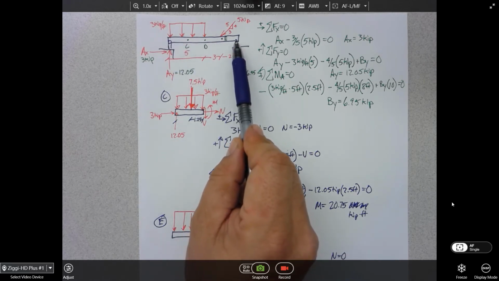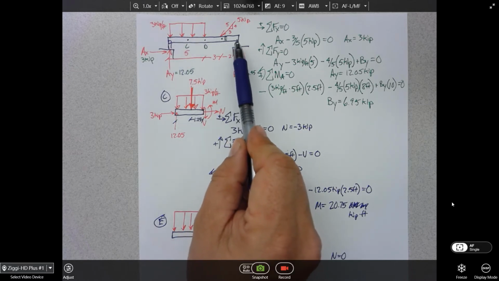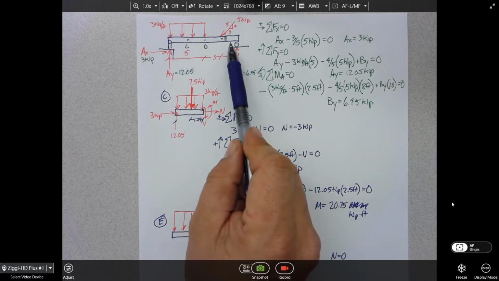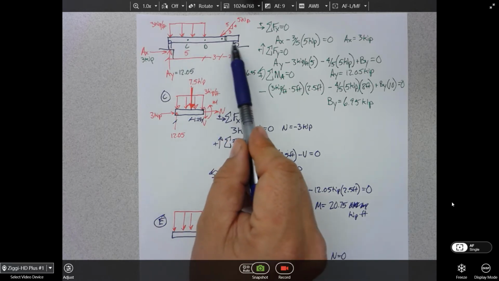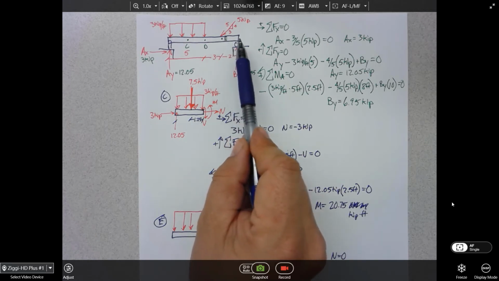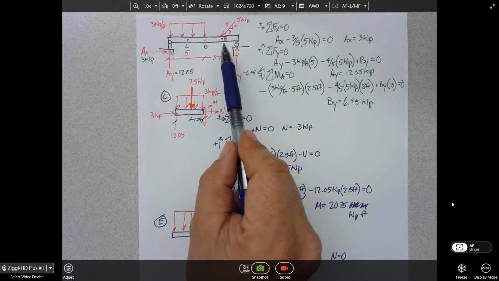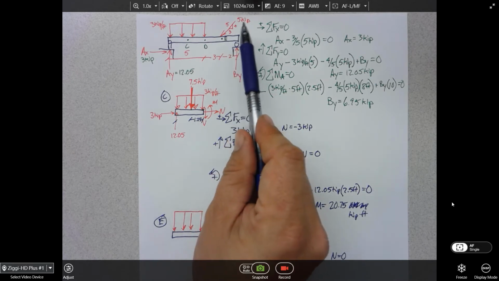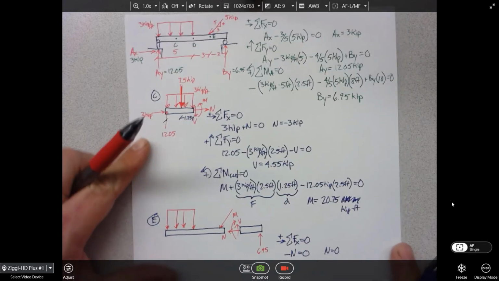Ax would be in tension. Okay, so the normal would be in tension, and where would you have a tensile load in it? Between A and E or between E and B? E and B. Yeah, between E and B, right? And then there'd be no tensile between A and E. Because this is pushing it and it would be pulling against this joint. Okay? All right.